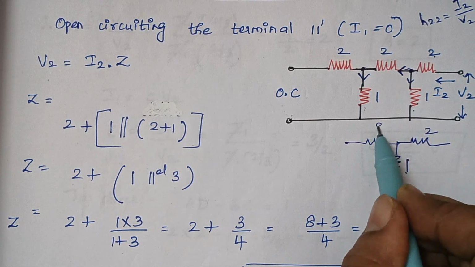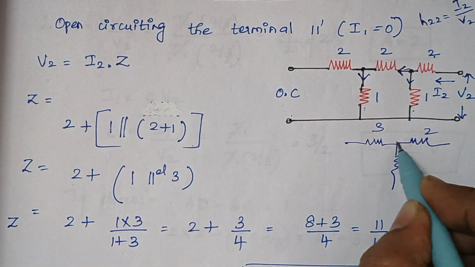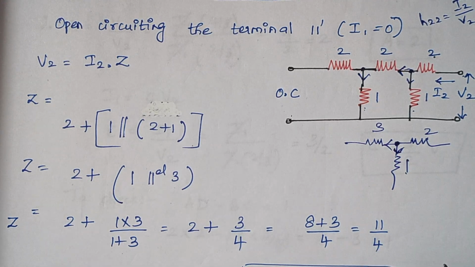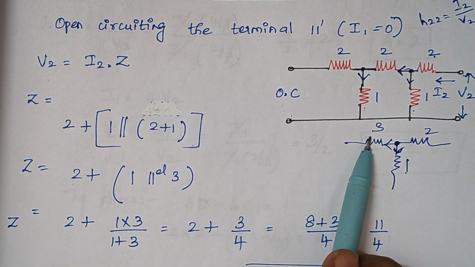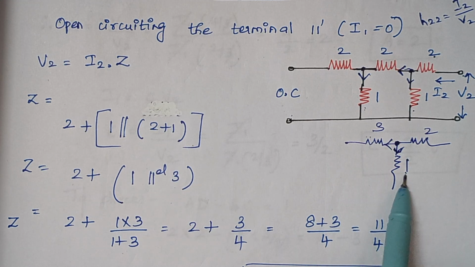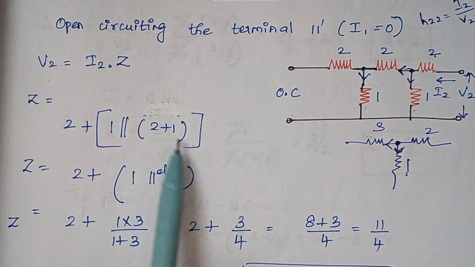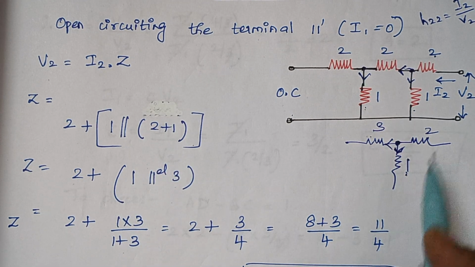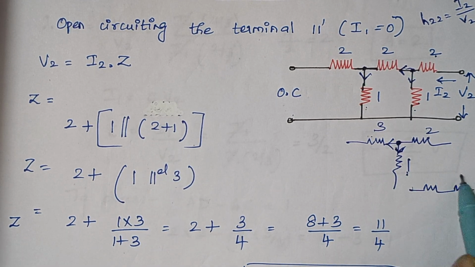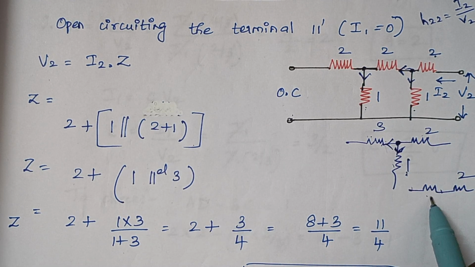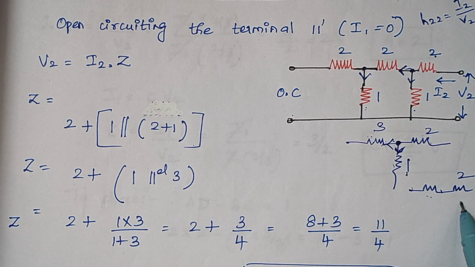Now these two are solved, so 2 plus 1 gives you 3. Here these two are connected in parallel. So to this combination, this 1 is in parallel. So 1 parallel with this 2 plus 1, and this entire combination is in series with this 2 ohm, because when you solve this, it becomes a single resistor, and that resistor is in series with this 2 ohm.